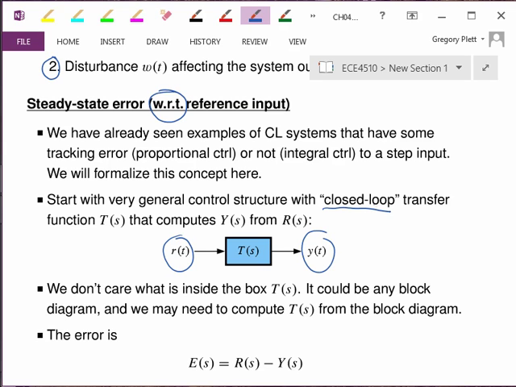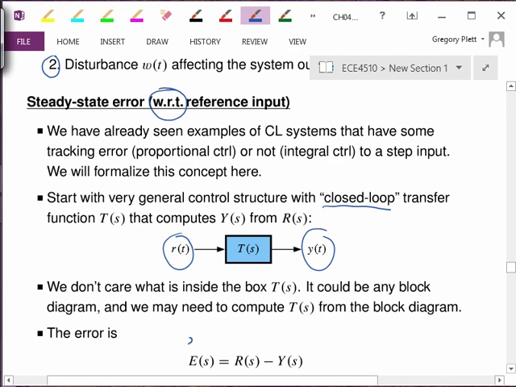then we can evaluate what its steady-state error is going to be with respect to the reference input. As we said, error is E of t equals R of t minus Y of t.